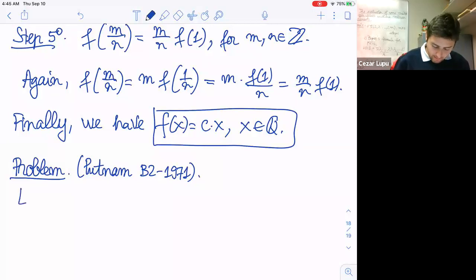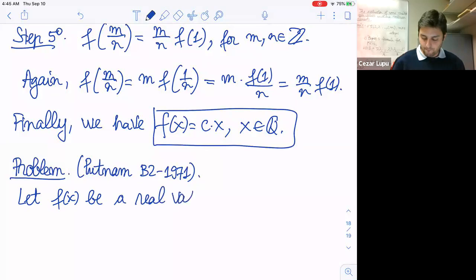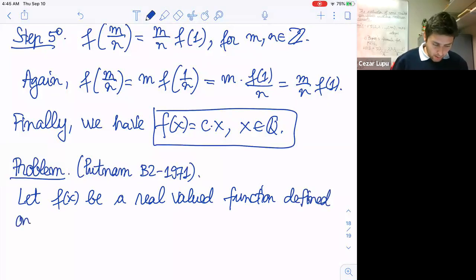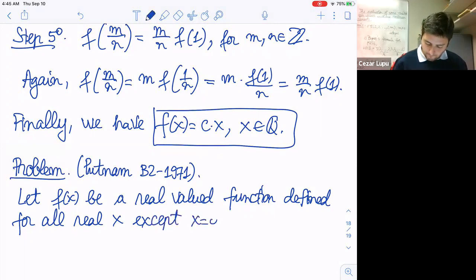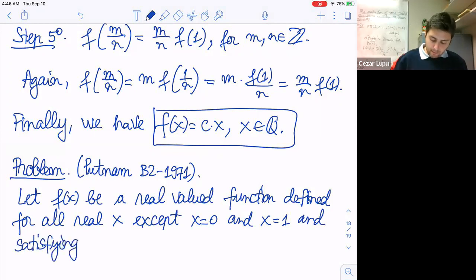Let f of x be a real valued function defined for all real x, except x equals 0 and x equals 1, so it's not defined at these points, and satisfying the functional equation.